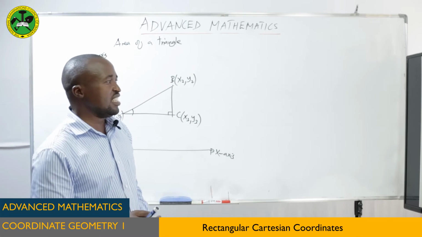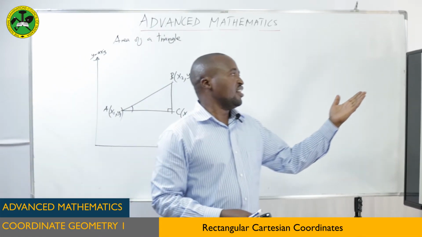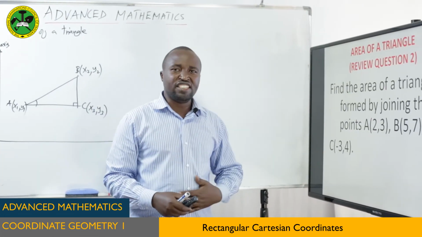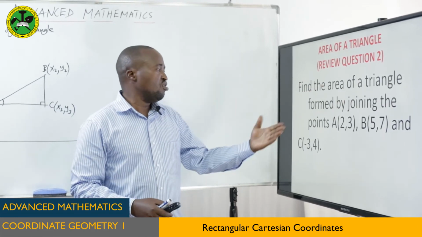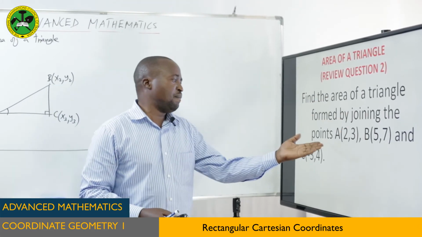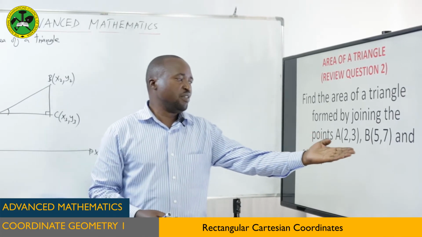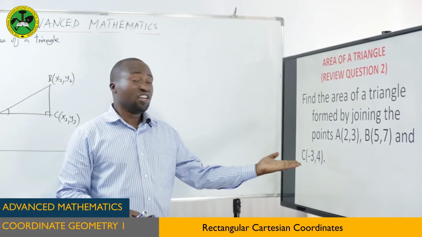Now, my dear student, let us see the review question, that is to find the area of a triangle. So here we have a review question which says: find the area of a triangle formed by joining the points A (2, 3), B (5, 7), and C (-3, 4).